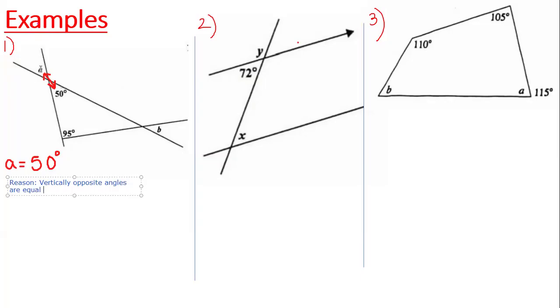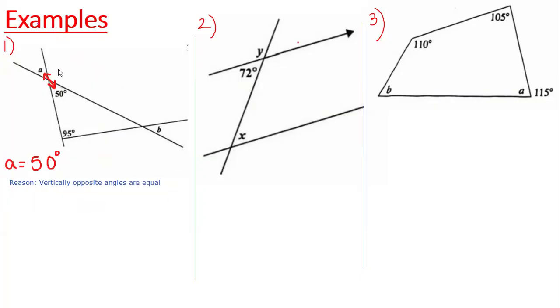If you look at 50 and at A, they are vertically opposite to each other. This one is on the top, this one at the bottom, and they're opposite to each other. So what's the reason why A is equal to 50, Cordell? Vertically opposite angles are equal. Very good. Does that make sense to you? Good. Cool. So vertically opposite angles are equal.